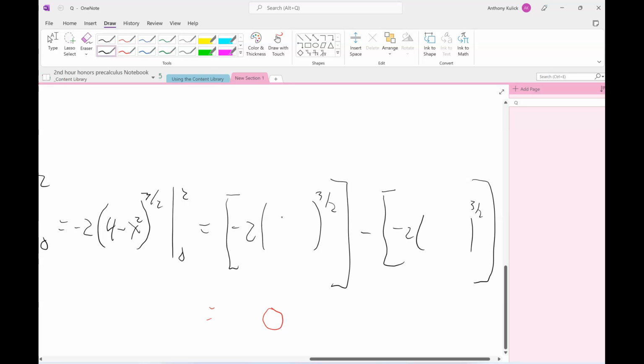It was, oh yeah, 4 minus x squared. Oh, yeah, so it's 4 minus 0 squared. Creepers. There we go. So that's 4 minus 0 squared is 4. The square root of 4 is 2, and 2 cubed is 8, and then times negative 2 is negative 16.